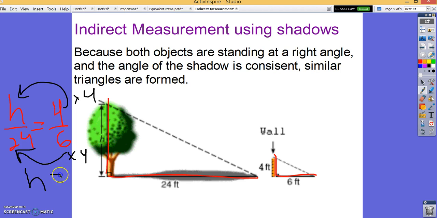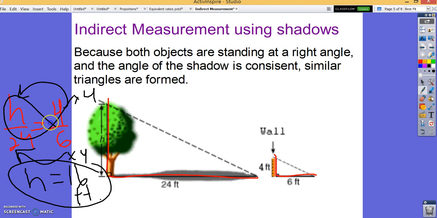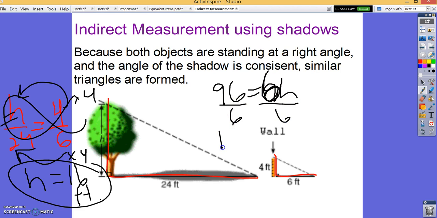So if you did it that way, you would know that h has to equal 16 feet. Or if you had done the multiplication fish, of course, you are allowed to do that as well, you would have 96 equals 6h. And you would divide both sides by 6 and still get 16 as your answer, 16 feet.